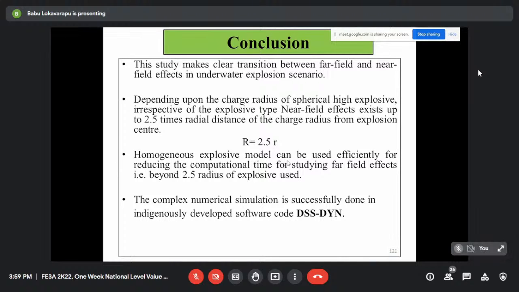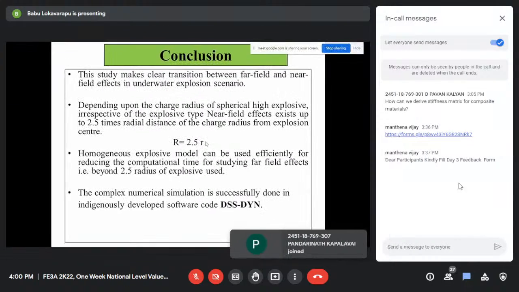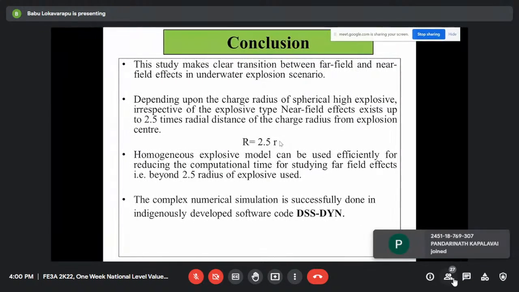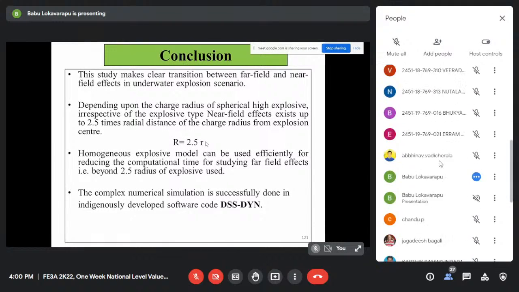On behalf of the management, principal, faculty, and students of MVSR Engineering College, we give you a standing ovation for such a wonderful lecture, sir. Thank you for taking your time out. This has opened doors for many of us to do research in these areas, and we will collaborate with you in coming days. Thank you very much, Bhaskar Garu.